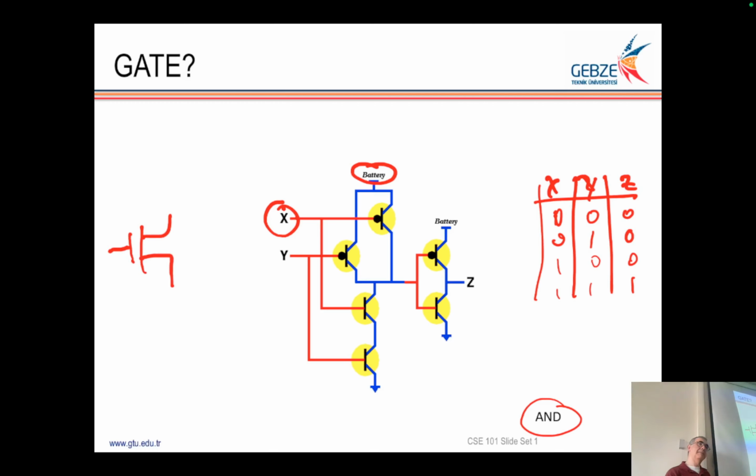It is like this. If you give 5 volts, this I is equal to 0 all the time. No current. But if you give 5 volts, and this is 5 volts, or 10, whatever, this becomes conductor.